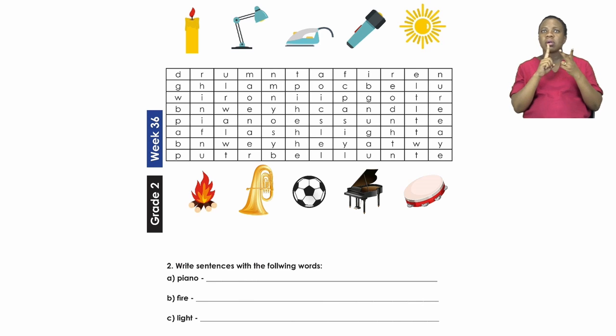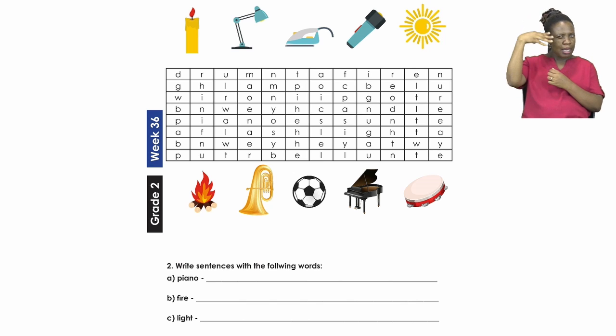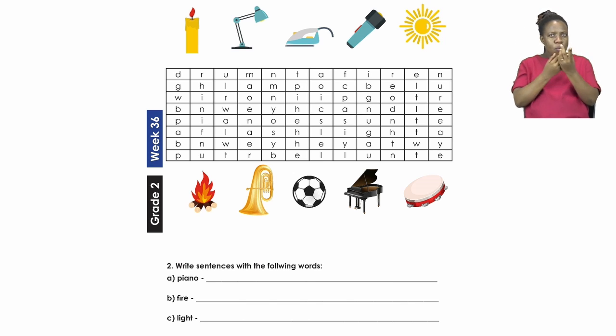Now boys and girls, you will see that here we also have some pictures of sources of light, heat, and sound. Now there you will see, you have a picture of a candle, then you have a lamp, an iron, a torch, you also have the sun, then at the bottom of the word search you have a fire, then you have a trumpet, a soccer ball, then you have a piano, and then you have a little musical drum in the last picture.